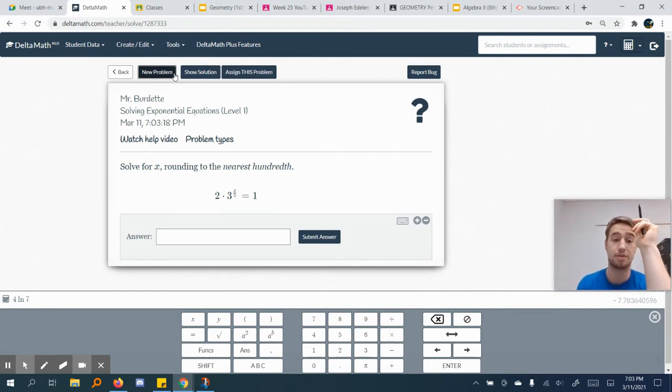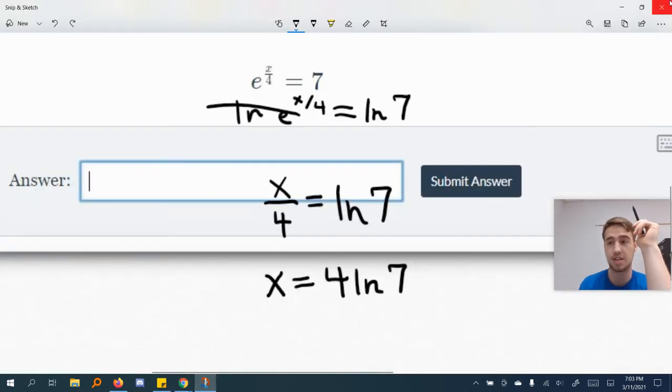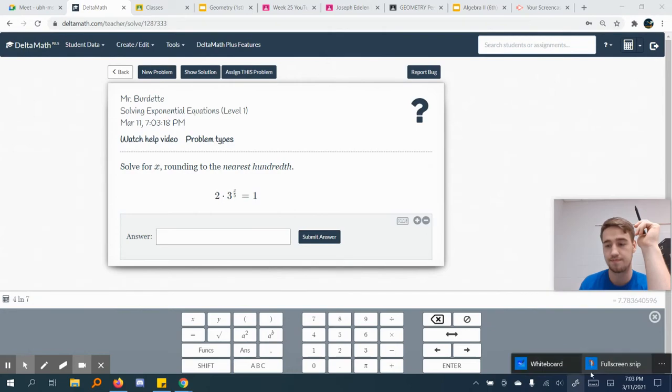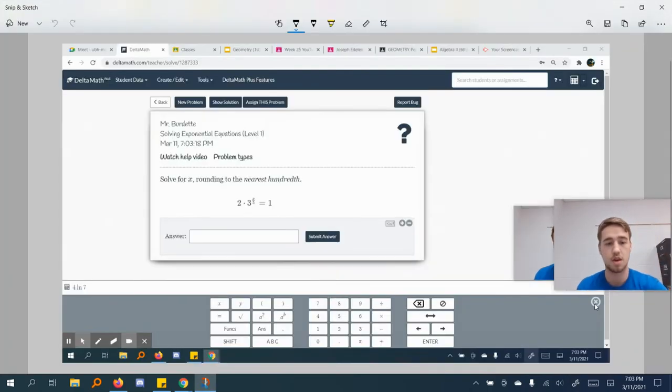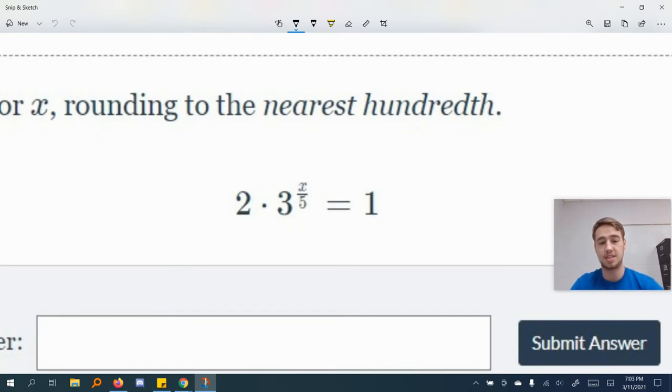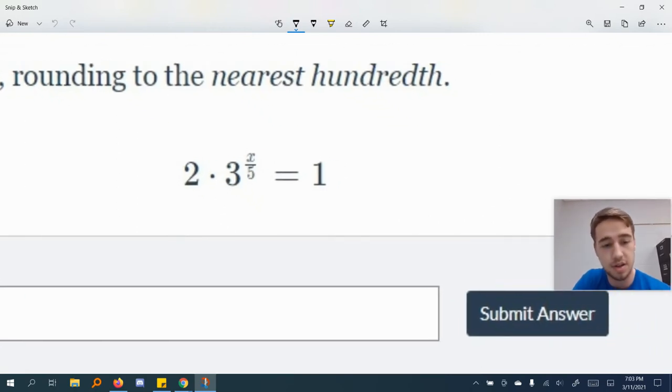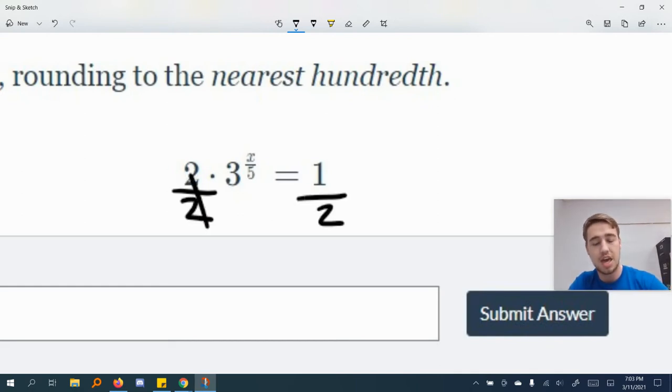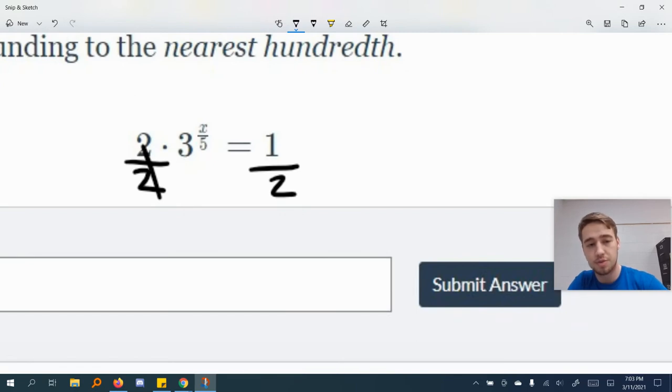2 times 3 raised to the x over 5 equals 1. So let's go ahead and rearrange that equation. We're going to go ahead and start by dividing both sides by 2. So these guys will cancel, and we're left with 3 to the x over 5 equals 1/2.